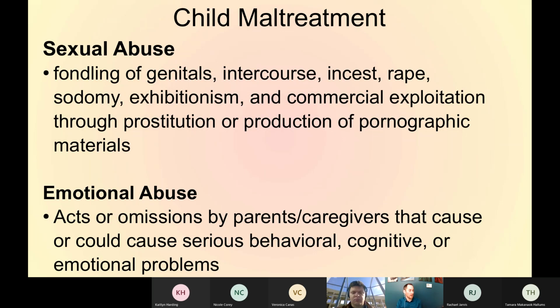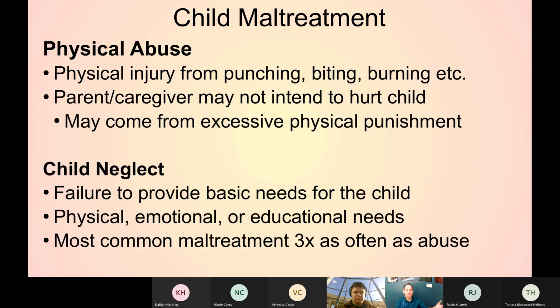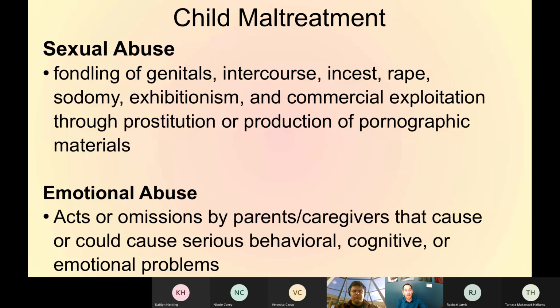So emotional abuse is often unintentional as well, acts by parents or caregivers that cause or could cause serious behavioral, cognitive, or emotional problems. So again, we might have physical abuse that was intended as a punishment, but crosses that line. We might have yelling at a child cross over into emotional abuse as well.